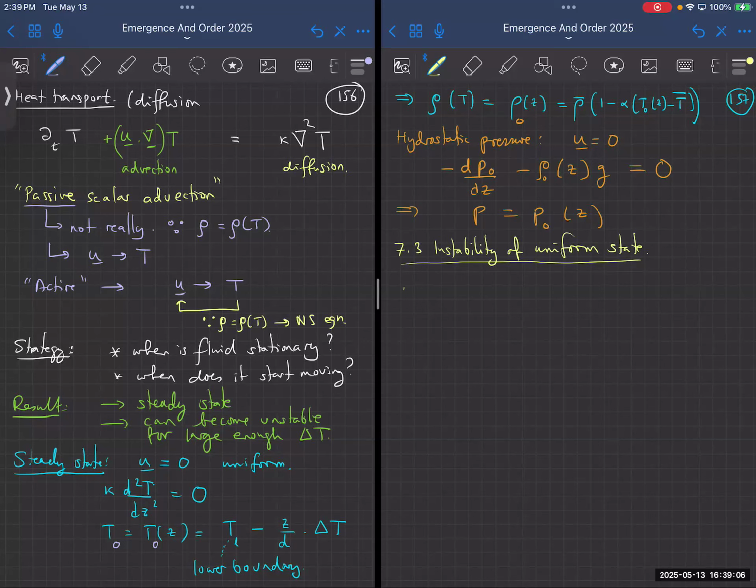So here is our goal. We're going to say that I know that T is equal to T naught of z. That's my steady state. I know that the pressure is equal to P naught of z. I know that U is equal to 0, and I know that rho is equal to rho naught of z. So those are the steady states.